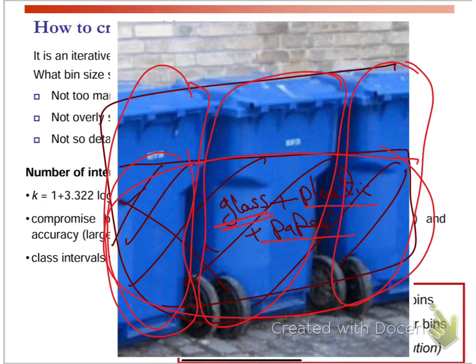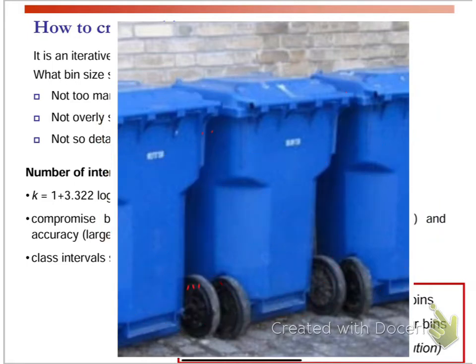Someone will say, I don't need to talk about only paper. For paper, instead of having one bin, I'll get two bins: one for the box, and another one for individual papers.